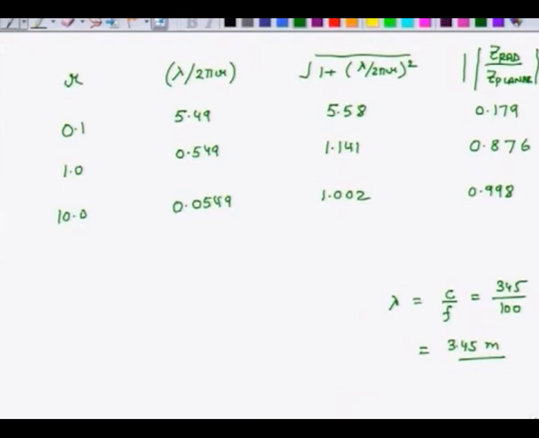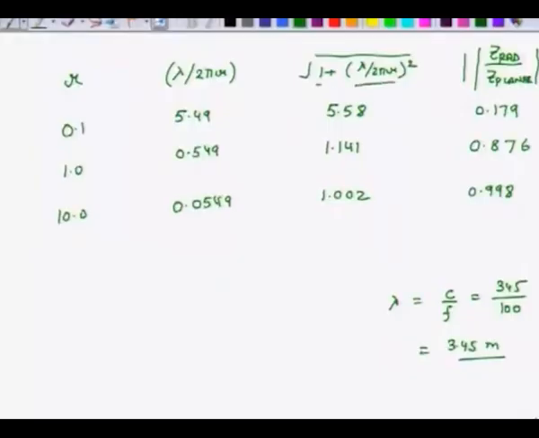Essentially, if you look at this table, what you find is that at small values of r, and when I use the term small values of r, it is when lambda over 2 pi r is significantly small compared to 1.